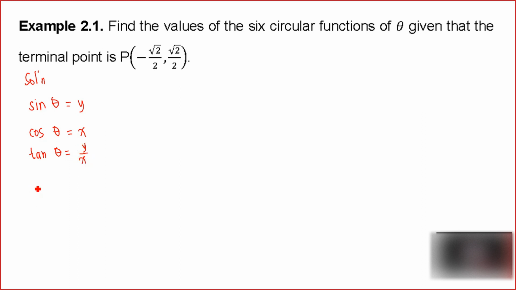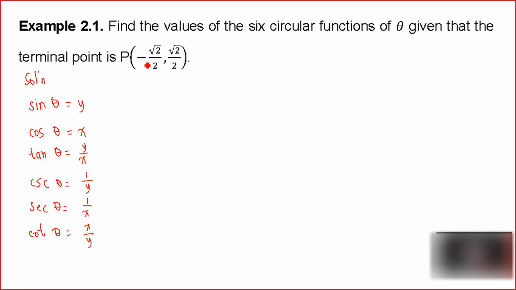And then for the reciprocals, we have the cosecant theta equal to 1 over y, secant theta equal to 1 over x, and cotangent theta equal to x over y.